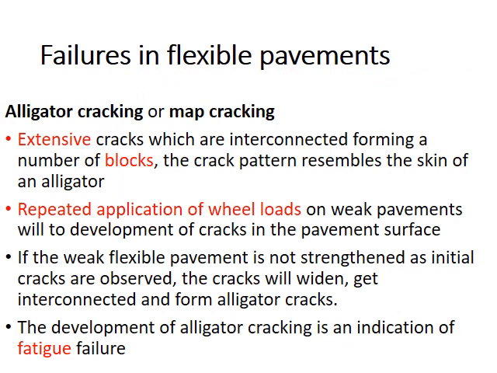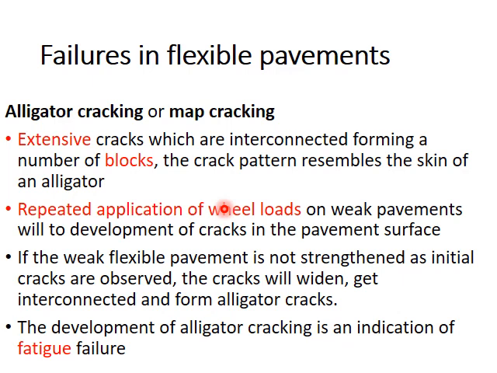Next you have the alligator cracking or map cracking. Alligator cracks or map cracks are extensive cracks which are interconnected, many cracks interconnected in block shape. This resembles the skin of an alligator or a crocodile. That's why this extensive cracking in a block shape is called alligator cracking or map cracking.